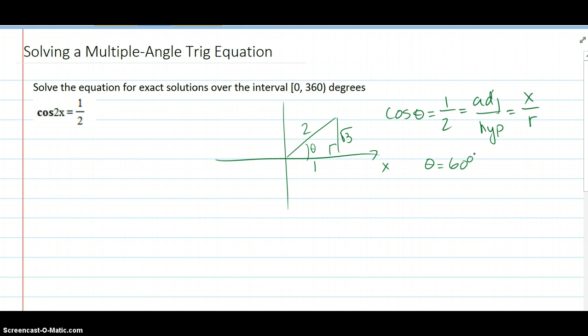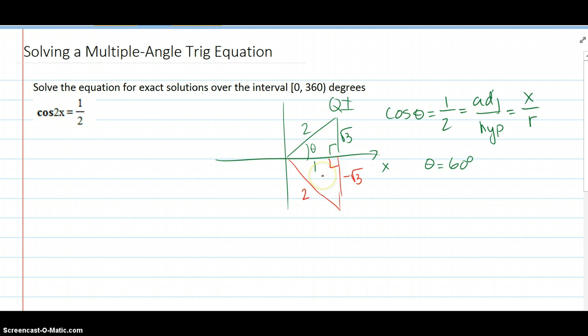It's not the only one though. We also know that cosine is positive in the fourth quadrant. So this was quadrant 1. What about quadrant 4? Let's draw an angle over here. It's not proportional, but this is still 1 and the hypotenuse is 2, but now this is negative square root of 3.